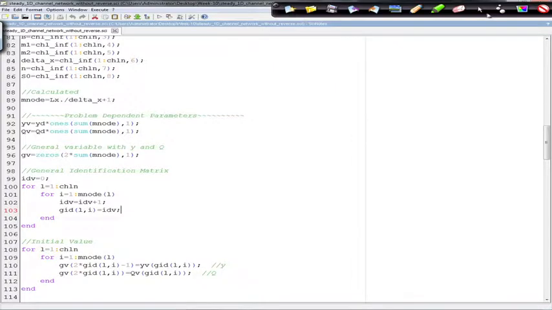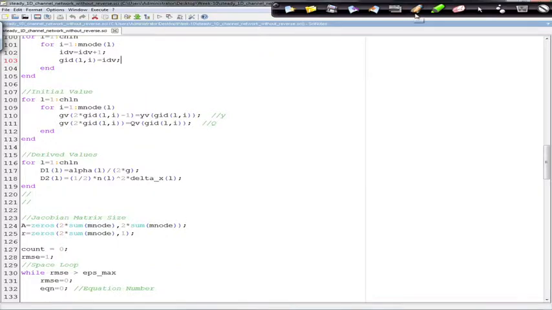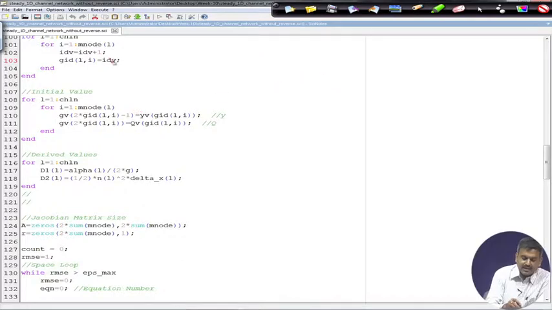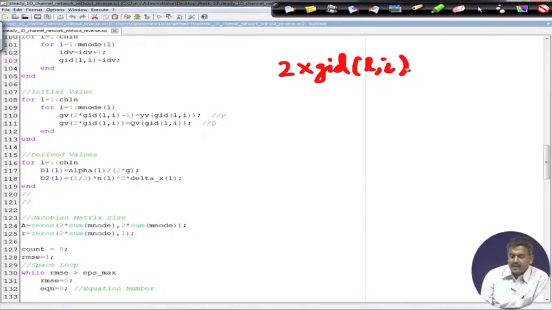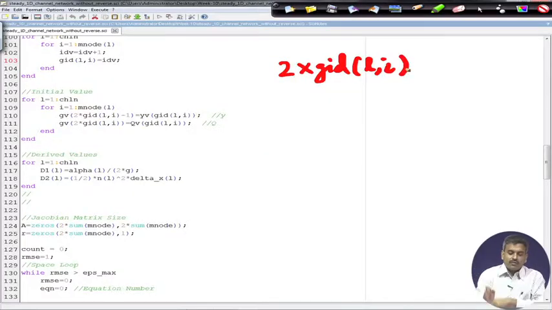Now, for this one we can transfer the initial values. The global ID is GID. GID LI means the global ID for Lth channel and Ith section.